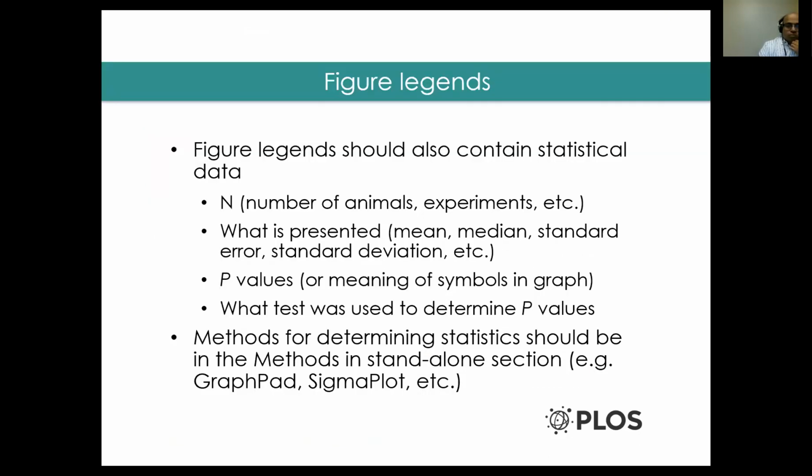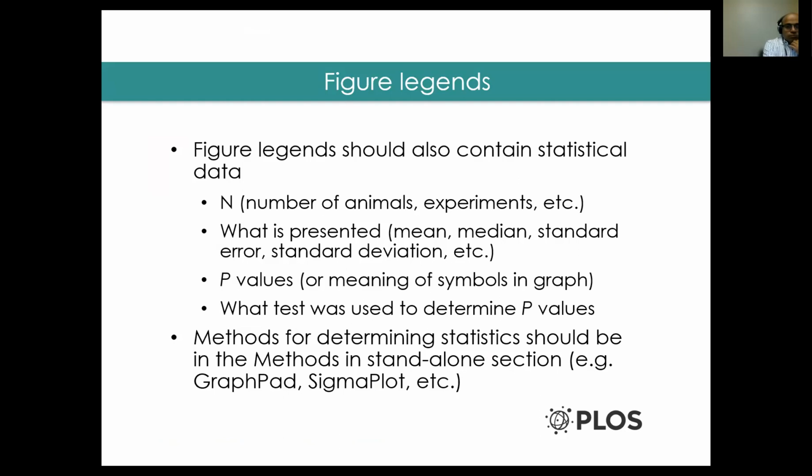The figure legend should also contain statistical data. So N, the number of animals, experiments, etc. presented, the mean, the median, the standard error, standard deviation, the p-values, the meaning of the symbols in the graph, and what test was used to determine p-values.